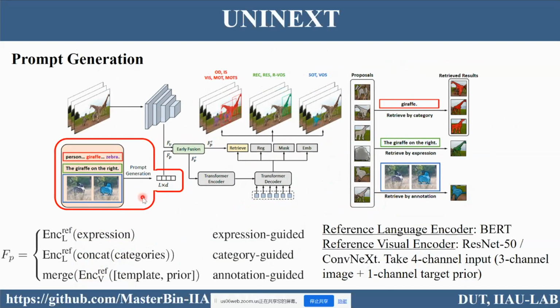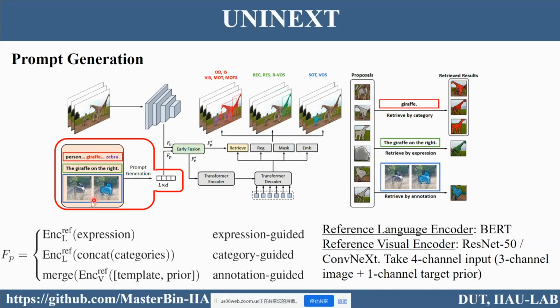Specifically, BERT can map the input language expression into a matrix with shape L by D. L is the sequence length, and D is the feature dimension. Similarly, for category name guided tasks, we can concatenate category names into a sentence. Then we send this sentence to BERT to obtain the prompt embedding of the same shape.